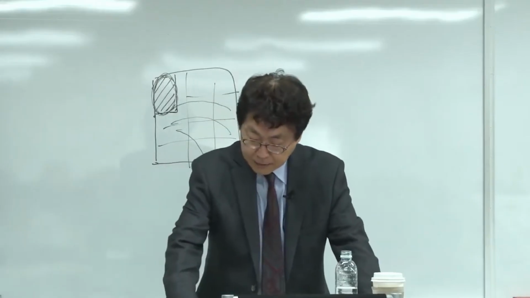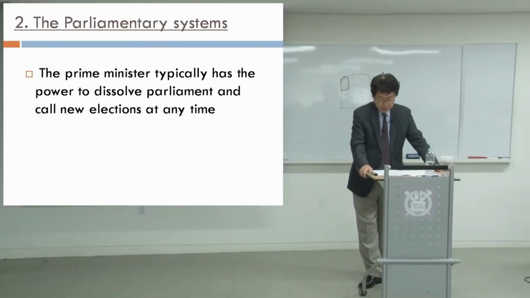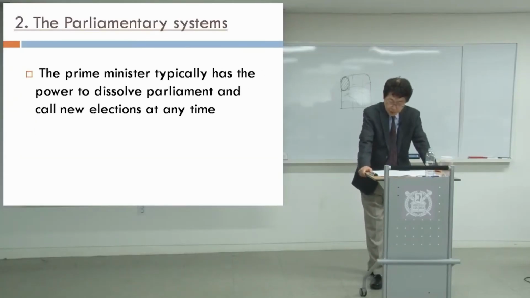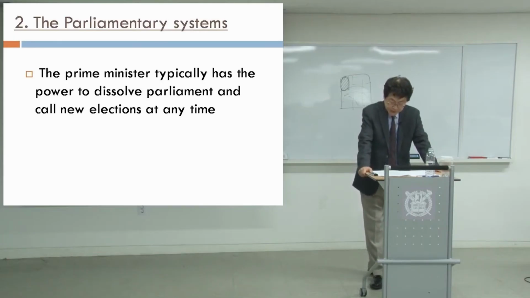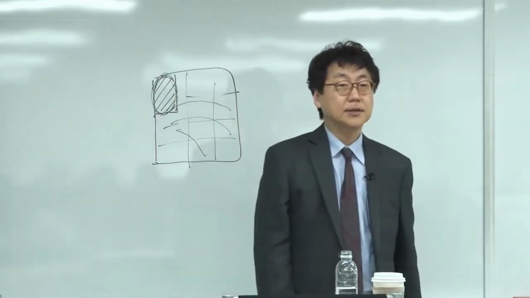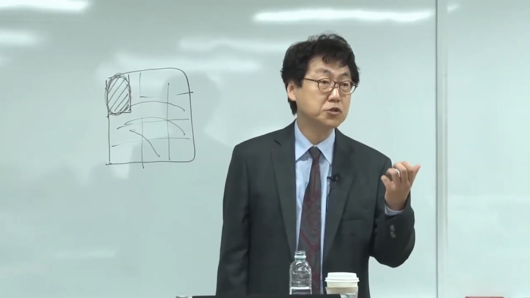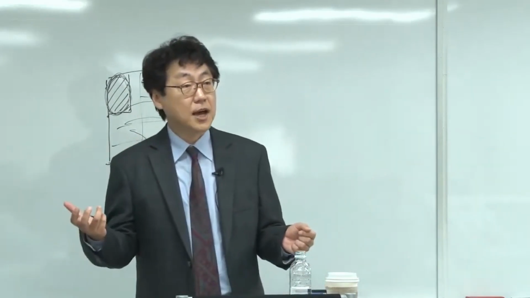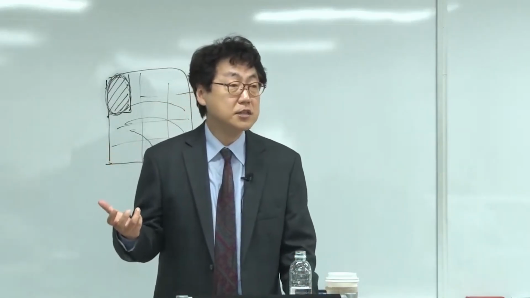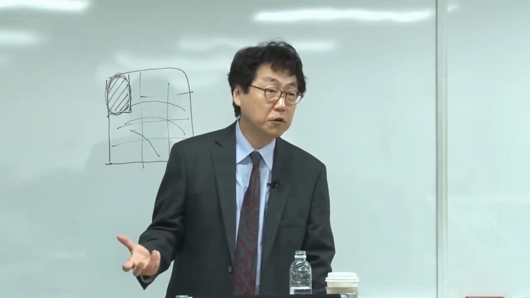Now, on the other hand, the prime minister typically has the power to dissolve the parliament and call new elections at any time. So the parliament has the power to introduce no confidence motion. On the executive side, prime minister has power to dissolve the parliament and call for a new election.